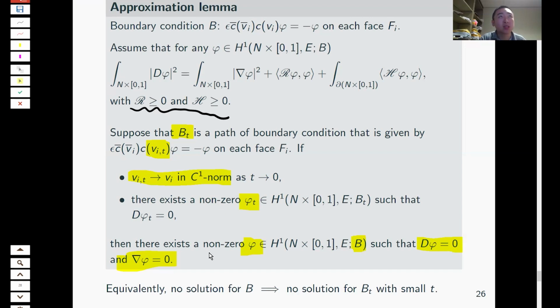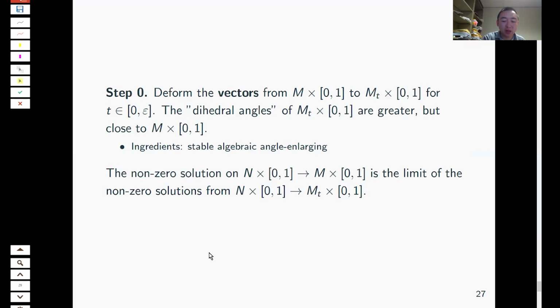All right. Now with the help of the approximation lemma, we can really deal with step 0. We also use the angle enlarging process. We can deform the polytope from M to some M_t that increases the dihedral angles, and they are greater, but very close to the original M. Now when t goes to 0, it will converge to the original case. But for t equal to 0, we actually don't know how to compute the index.